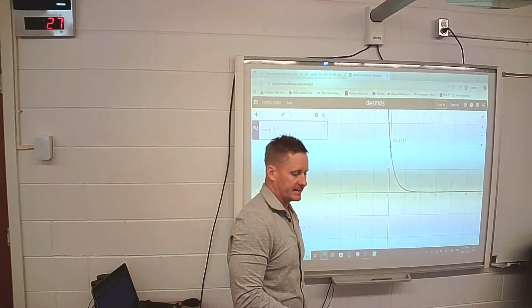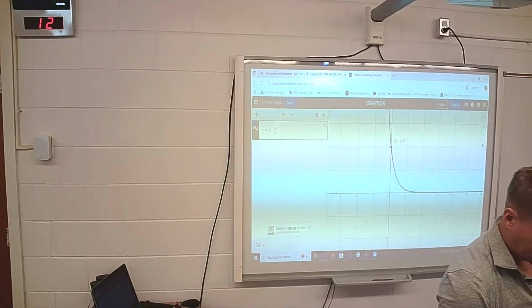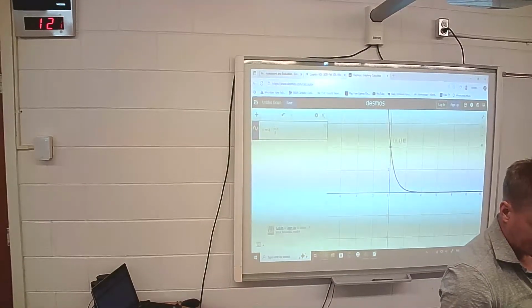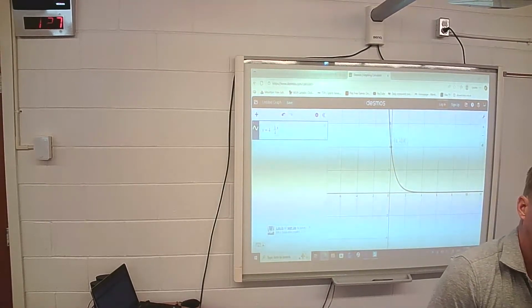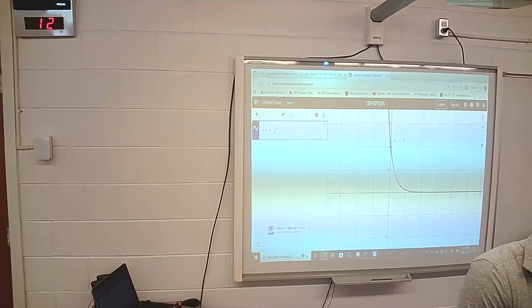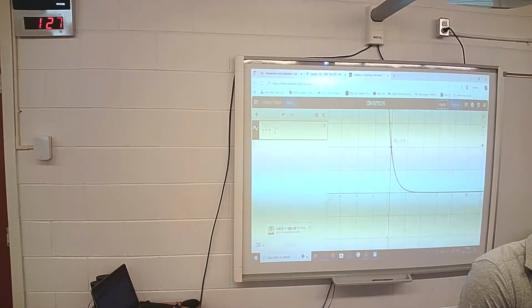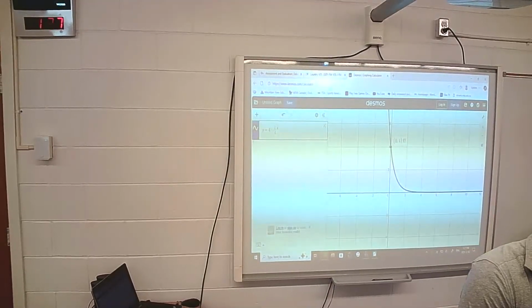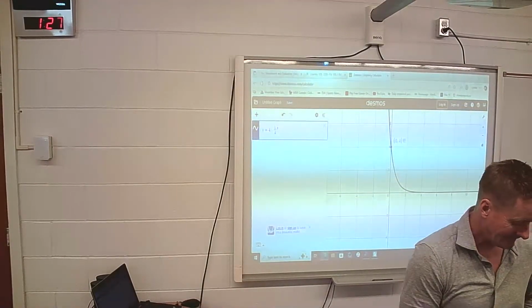Okay? That's end behavior. All right. Domain, x an element of all reals, and the range, y is greater than 0. Okay. Look at page 180.